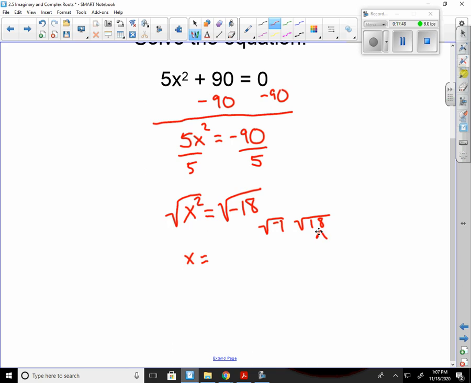Yep, factor it out. So the square root of a negative 1 gives us the i. 9 brings the 3 out in front, and then it's the square root of 2.